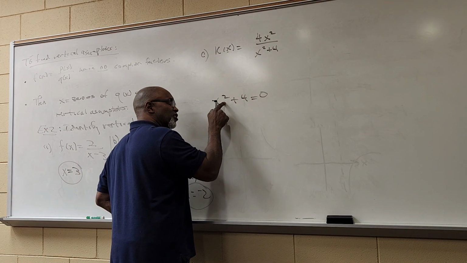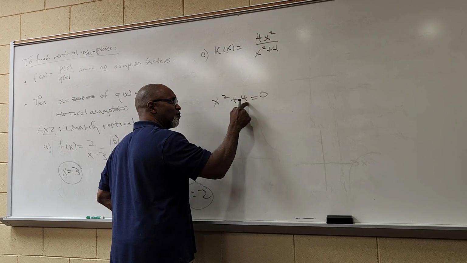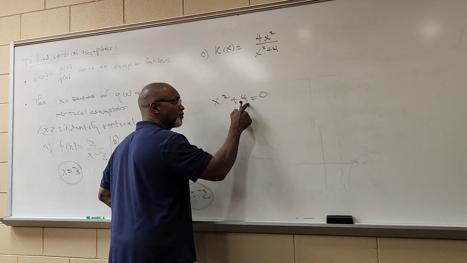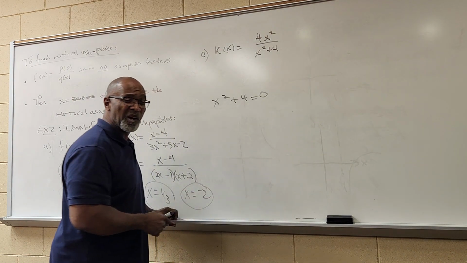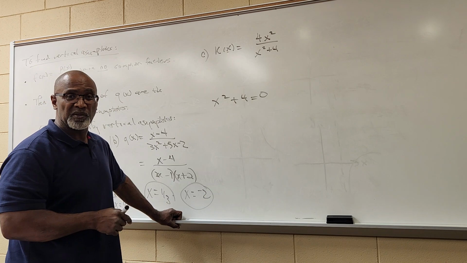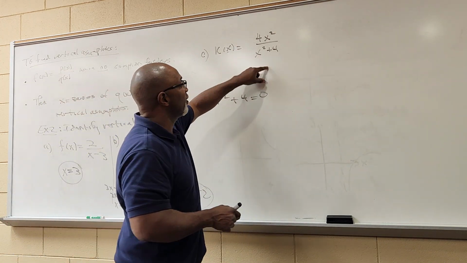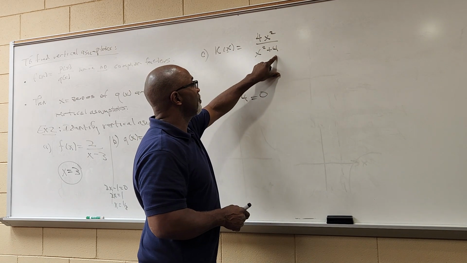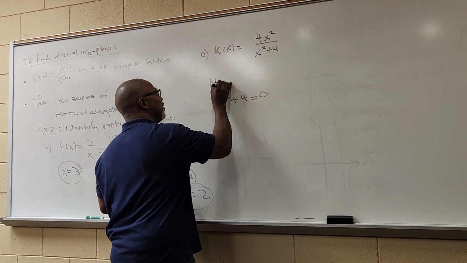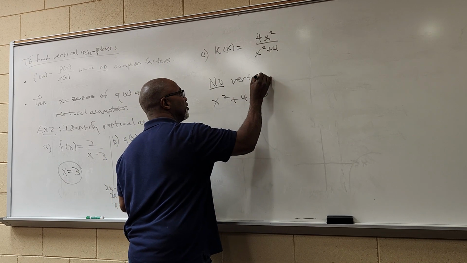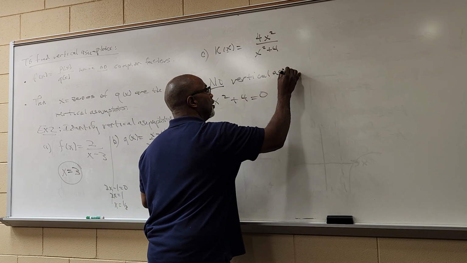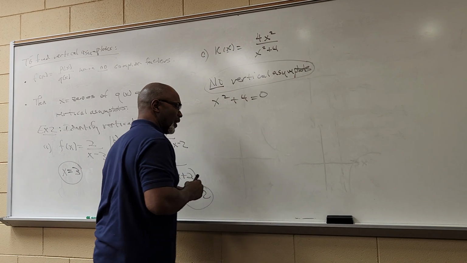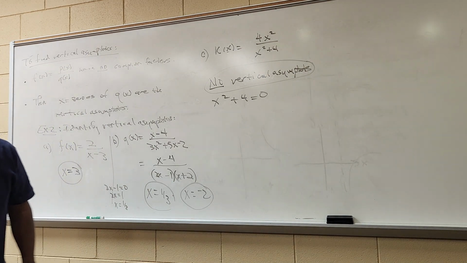You're going to square the x first, then add 4. Whenever you square something, it's no longer negative. So something positive plus 4, can that be 0? And the answer is no. That'll never be 0. So since I don't have any common factors in the top and the bottom, and since nothing makes that denominator 0, there are no vertical asymptotes here. So that function would not have any vertical asymptotes.